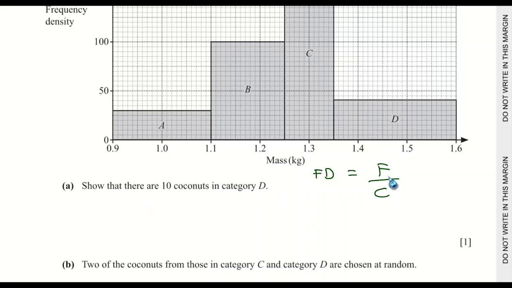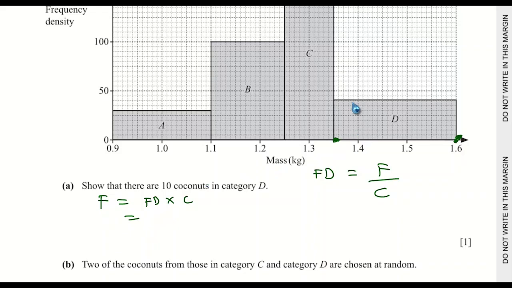Now the frequency is the number of coconuts in this category. For category D, it is from here to here, so the class size is 1.6 minus 1.35. So let's make F the subject of the formula. The frequency equals the frequency density multiplied by the class size.